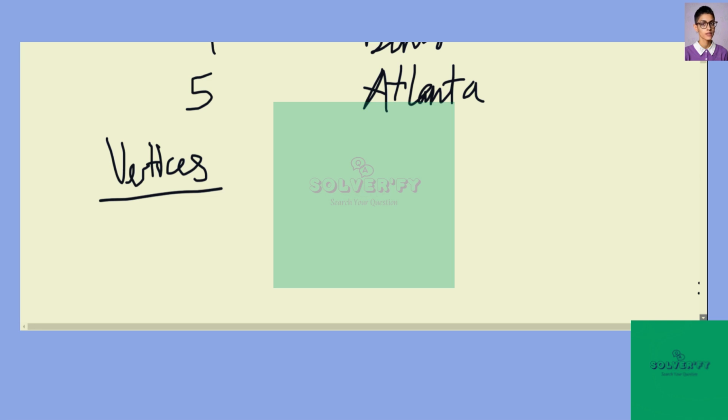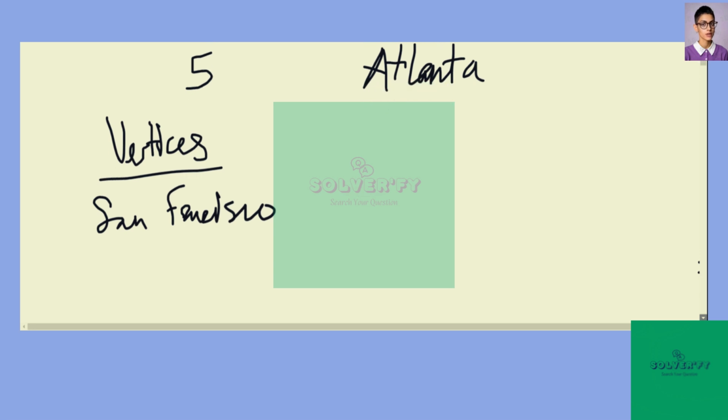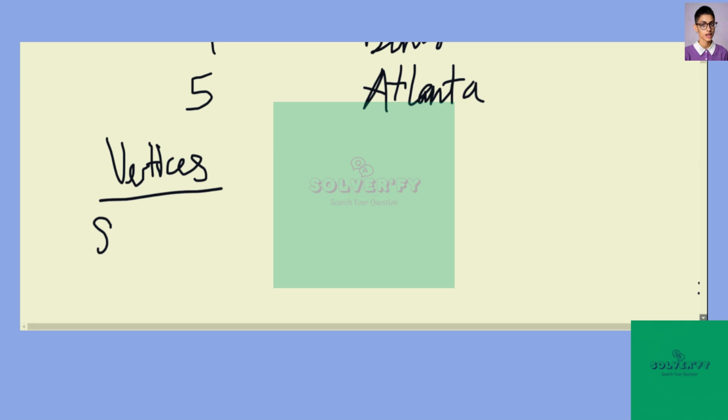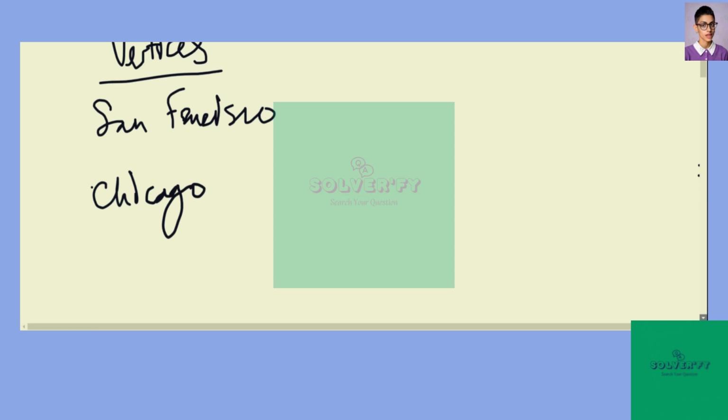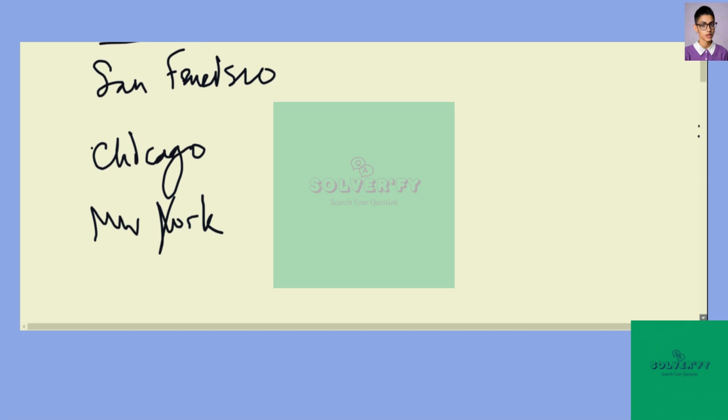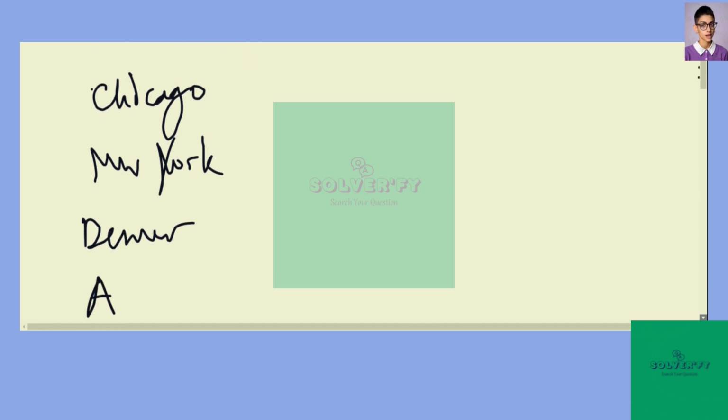So, consider our vertices again. I'll write these in the same order as before. We have San Francisco, Chicago, New York, Denver, and Atlanta.